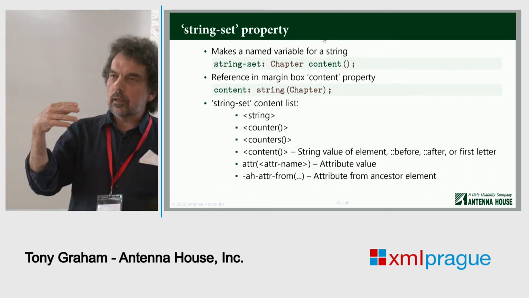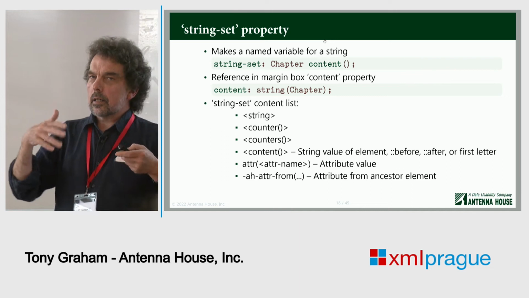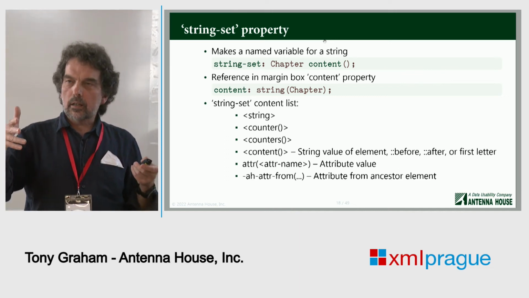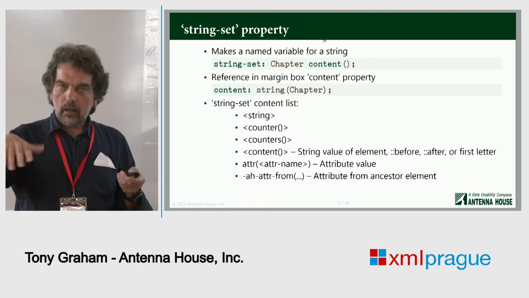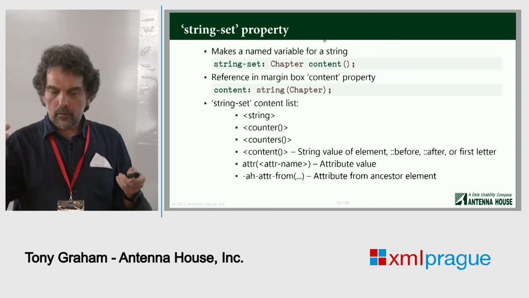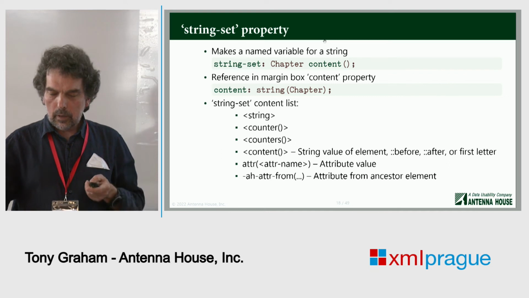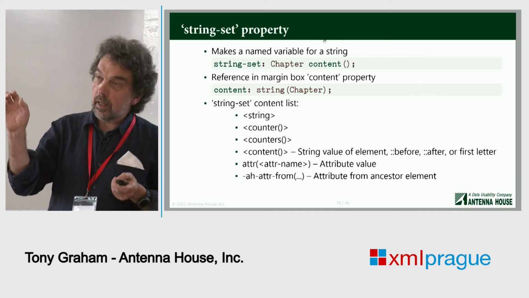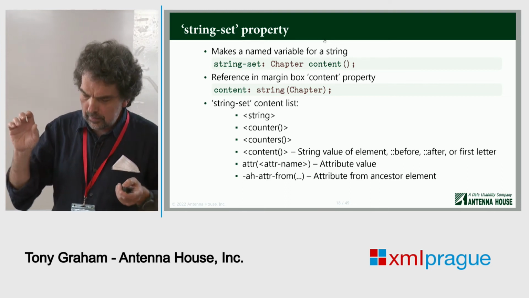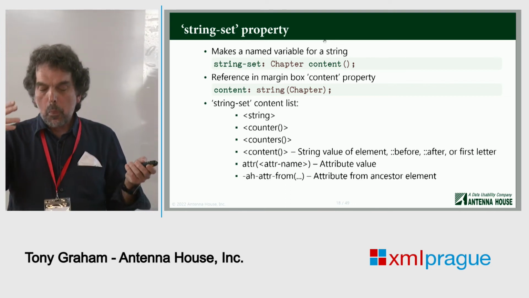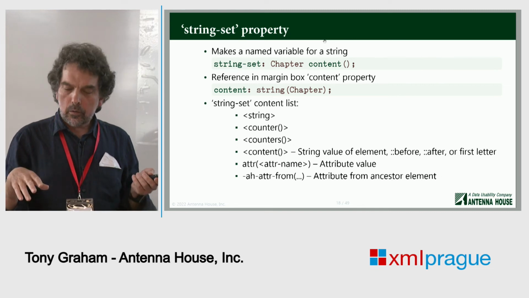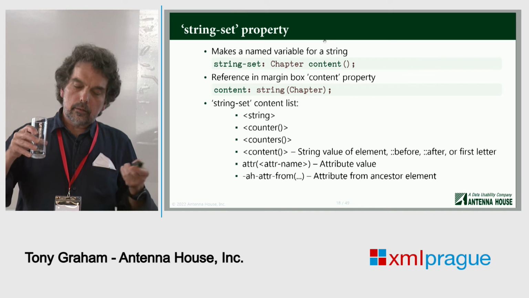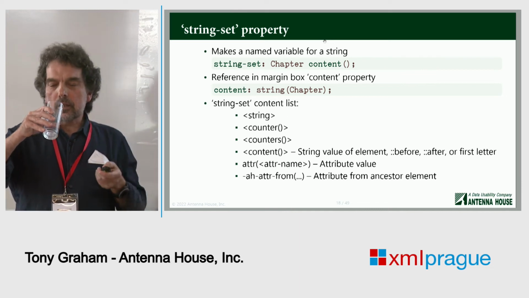You can use counters, and CSS has ways of generating counters. You can count elements. There's a built-in counter for page numbers, etc. You can provide a fixed string as the value of a named string. You can use an attribute value with AH format, or you can select an attribute from an ancestor element.